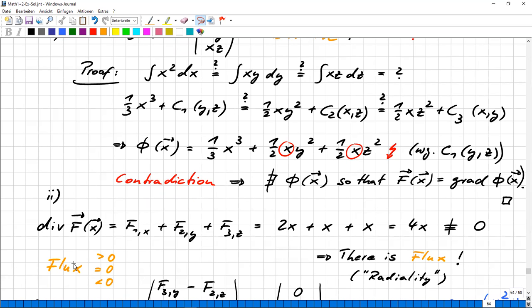Now, what do we get? We get 2x plus x plus x, which is 4x in the end. And this is quite surely not identical to 0. You know, these three bars are a certain way of saying not everywhere 0. Something like this is sometimes used to say this is not 0 by chance, but it's 0 everywhere and anywhere for any value of x.